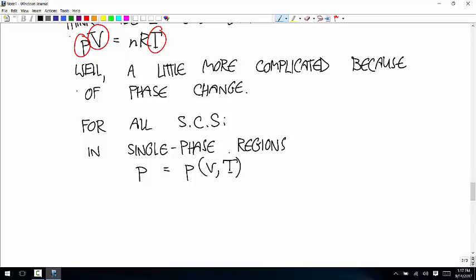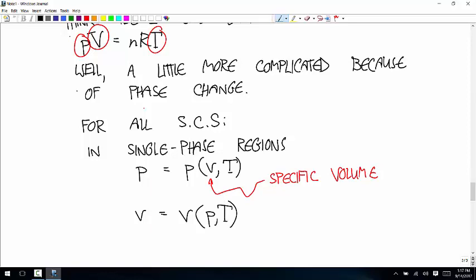And the volume that we're going to be talking about here is the specific volume. So that's the volume per mass. And the specific volume can be expressed as a function of pressure and temperature. And the temperature can be expressed as a function of the pressure and the specific volume.